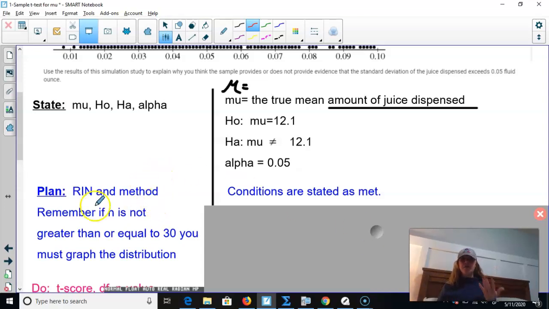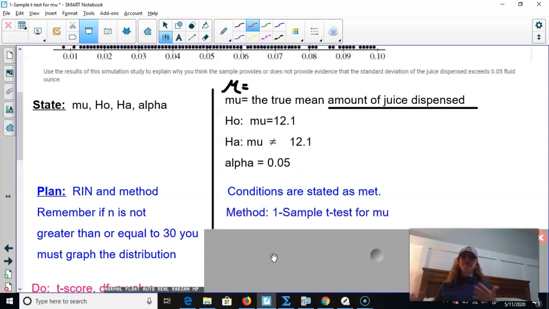I gave you a little friendly reminder of what I talked about with that normal condition. In yesterday's video, the one sample t interval for mu, I also talked about what you need to do if it's an experiment and not an observational study, so make sure you check that video out. We still need to state that conditions are stated as met, and we still need that method.